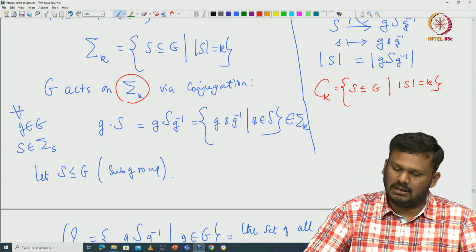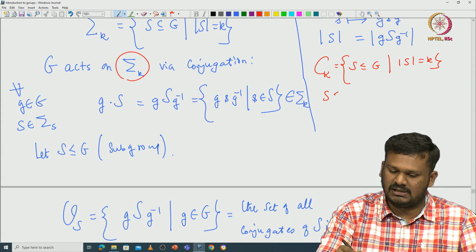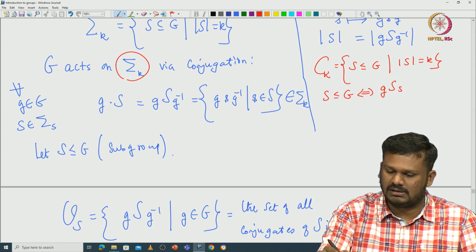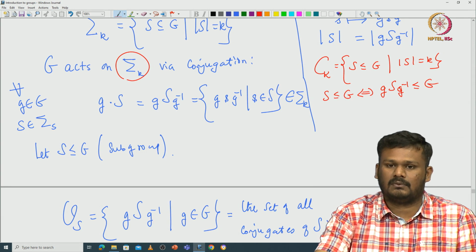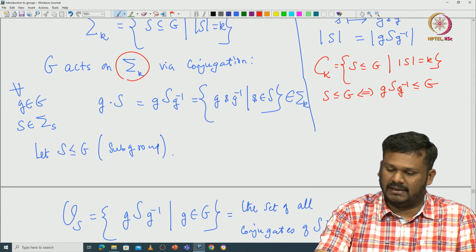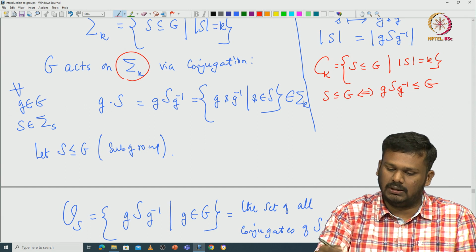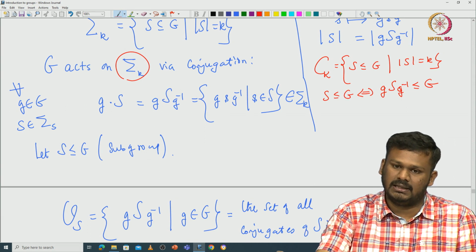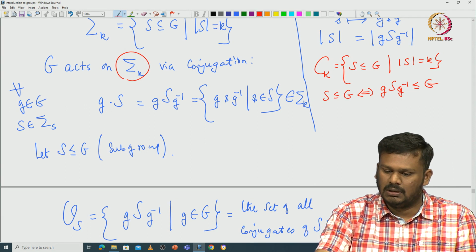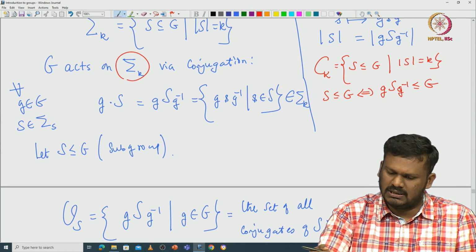Then you can easily see that S is a subgroup of G if and only if the conjugate of S is also a subgroup of G. Because the conjugate is given by the image of the inner automorphism, it must be a subgroup.